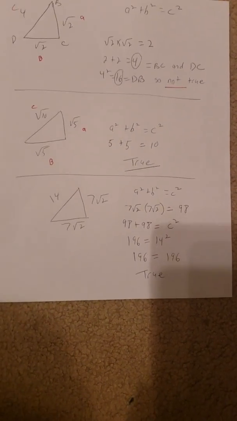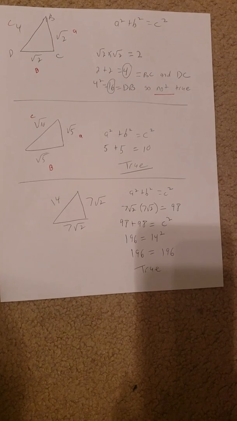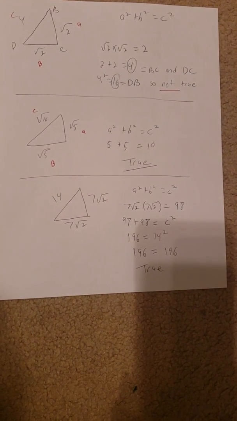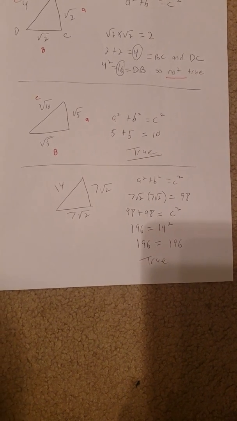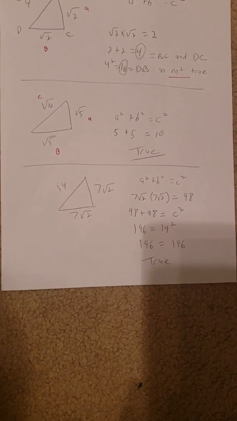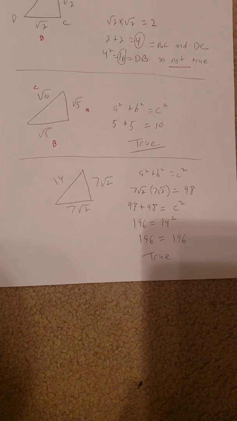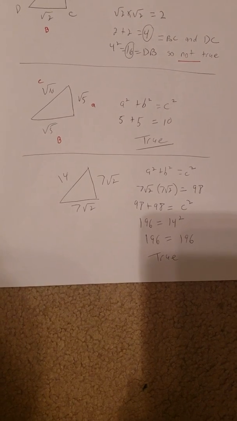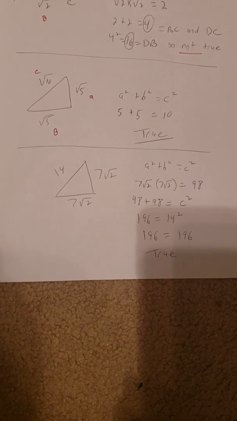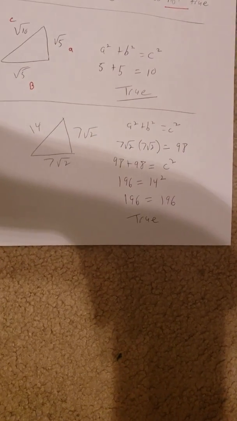For this problem, we have the same thing as our last two. We're going to find out if the sides are true. So our a squared and our b squared are both the same, again, like our last one. And our a side and our b side are 7 square root of 2.